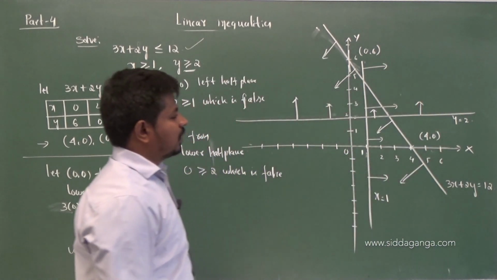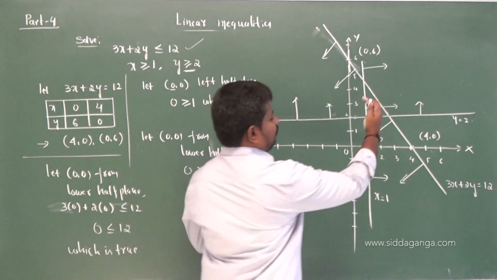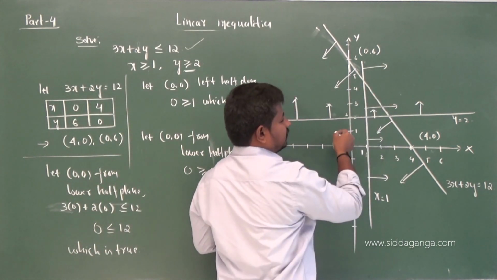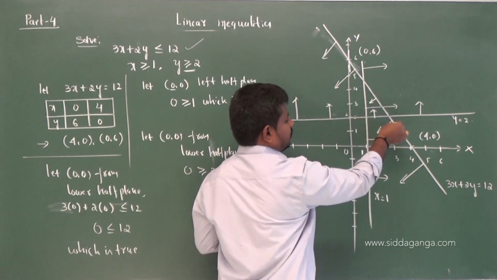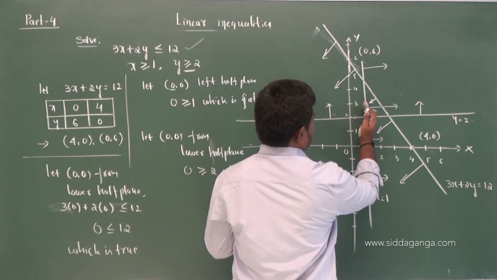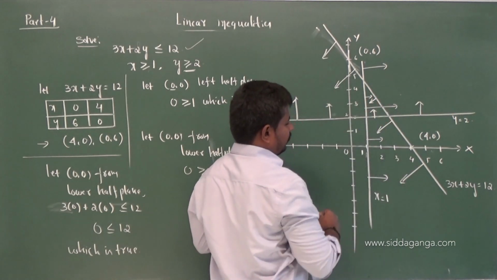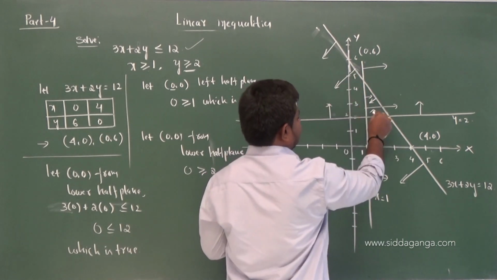Yes, observe carefully. For this line, this portion comes in the lower half plane. For x is equal to 1, the right half plane, this portion comes, and for y is equal to 2, the upper half plane, this portion comes.